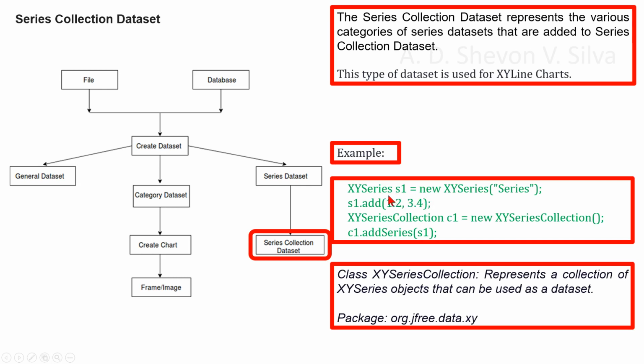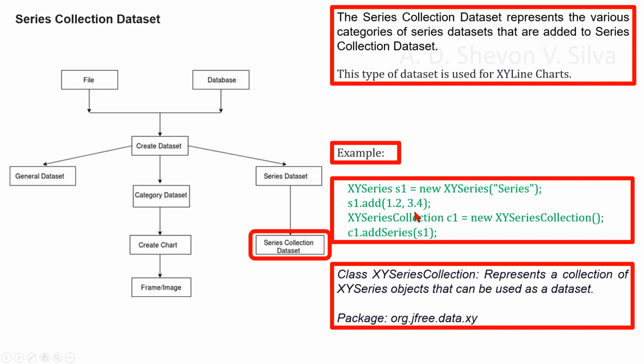By default, items in the series will be sorted into ascending order by X value, and duplicate X values are permitted. Both the sorting and duplicate defaults can be changed with the constructor. Y values can be null to represent missing values.